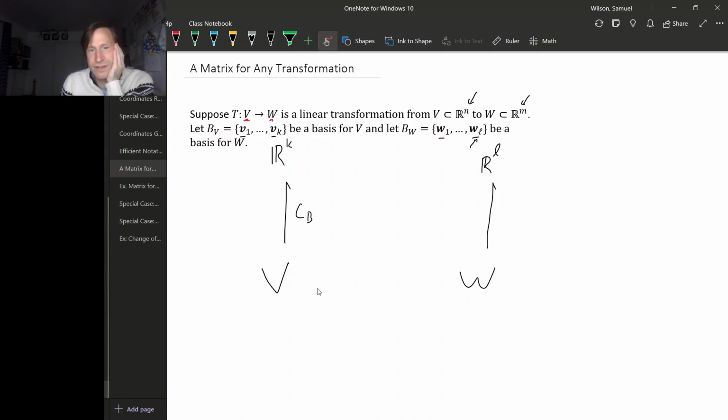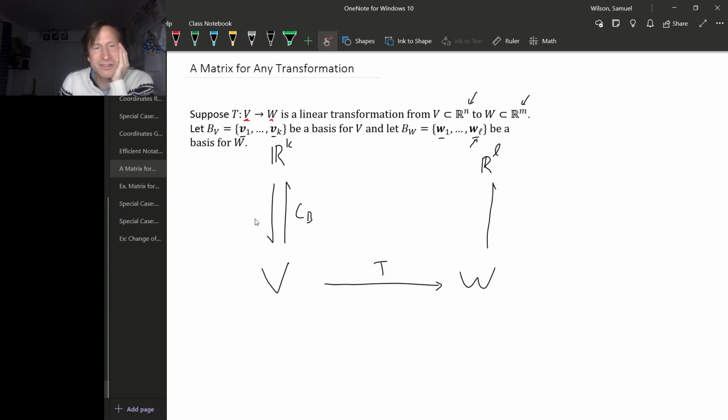So T is a transformation on this side from V to W, and you can see we almost have a transformation from RK to RL. All we need to do is replace the coordinate transform for the basis V with its inverse, right? Remember, it's 1 to 1.